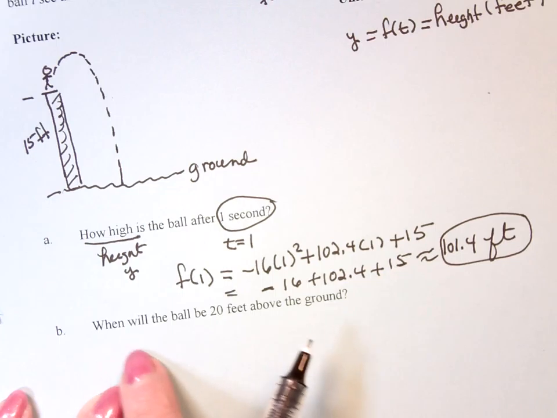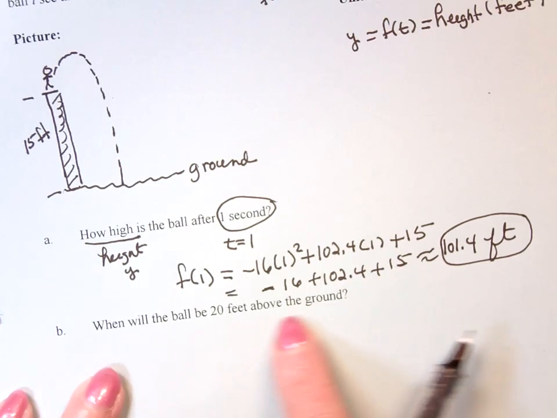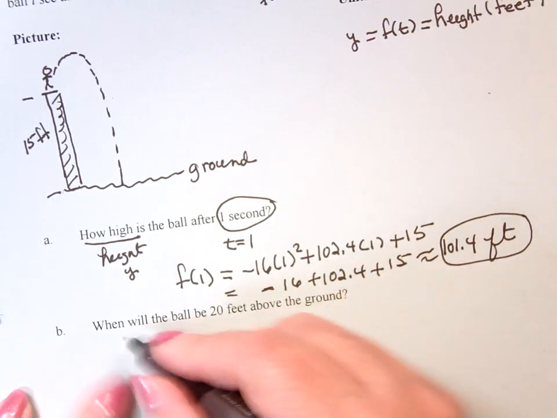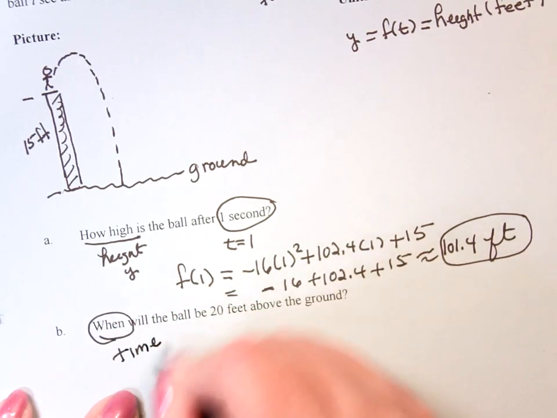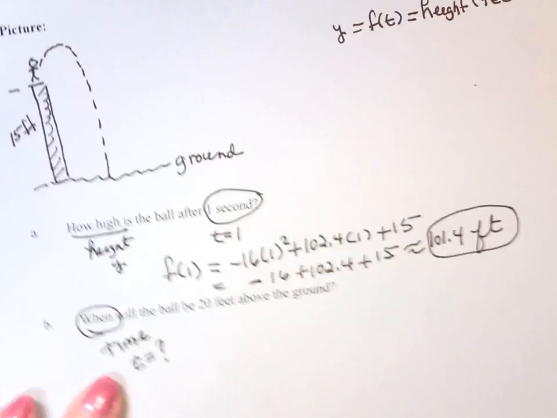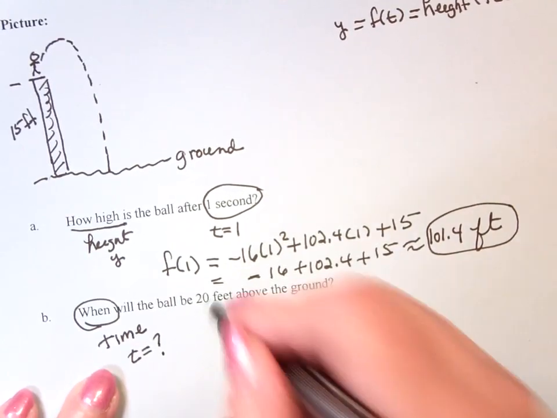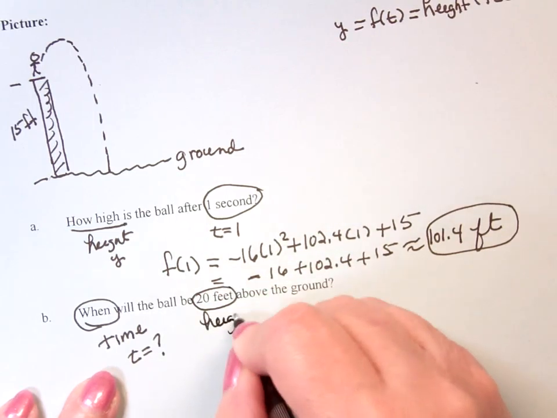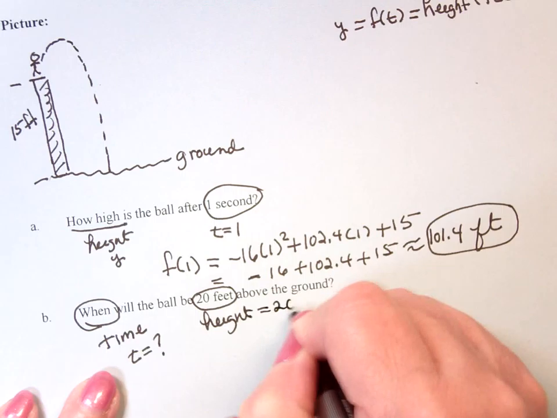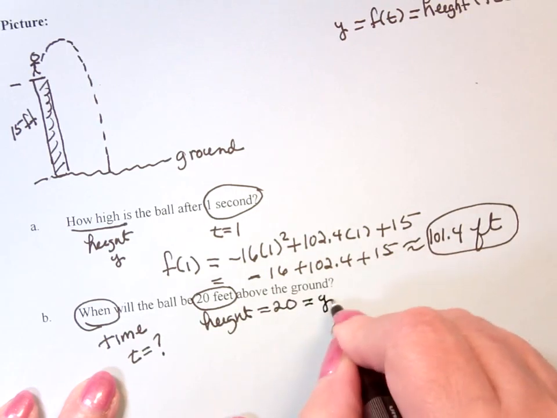And then it says, when will the ball be 20 feet above the ground? So when means time, so I'm looking for a t value. The ball being 20 feet, that's height, equals 20. That's my y value.